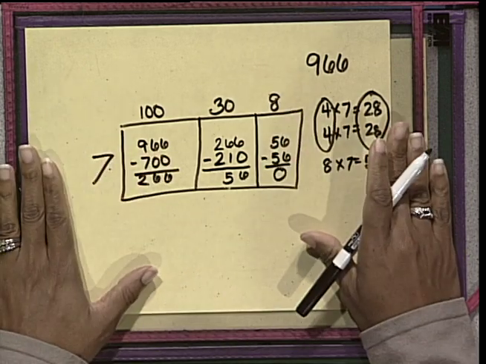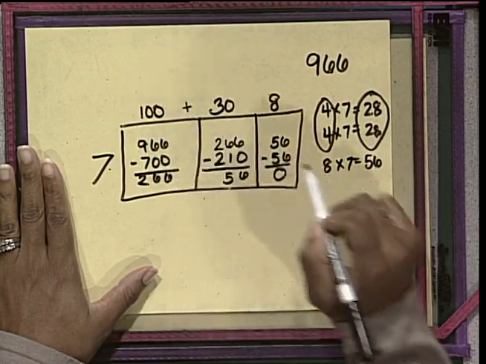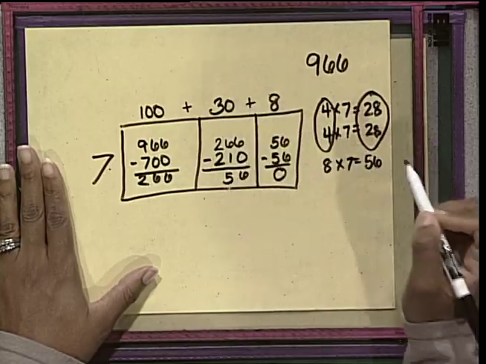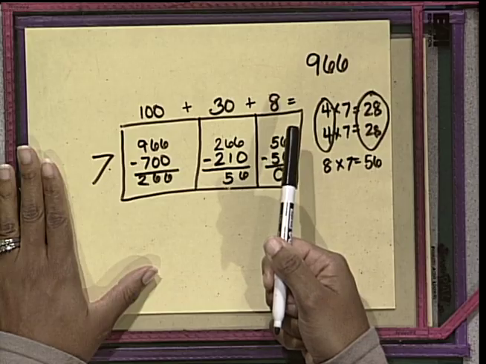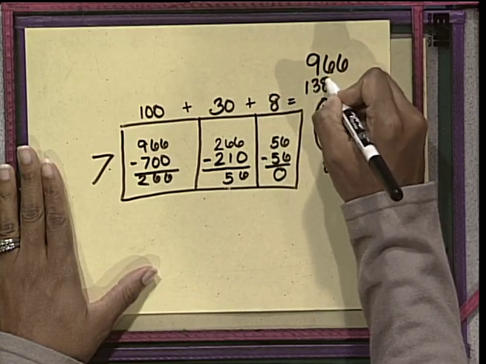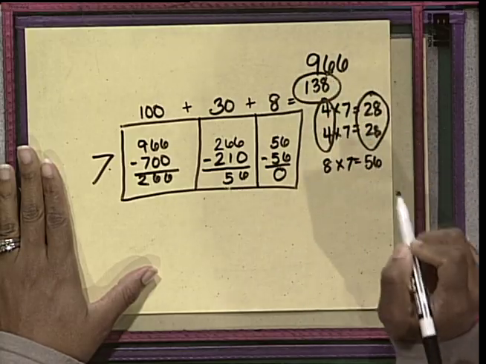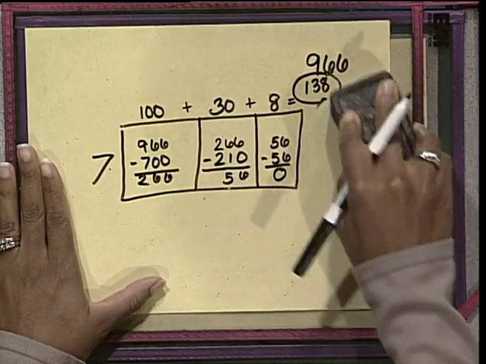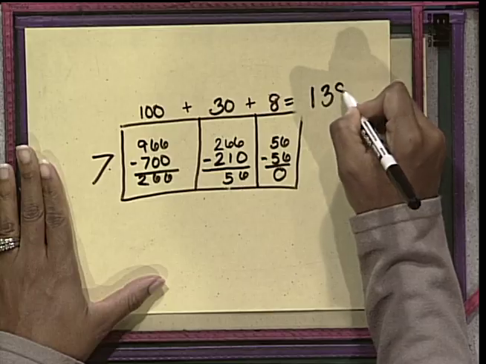So on my area model, I have 100 plus 30 plus 8. This also is expanded form of the number 138. So with my area model, 966 divided by 7 equals 138.